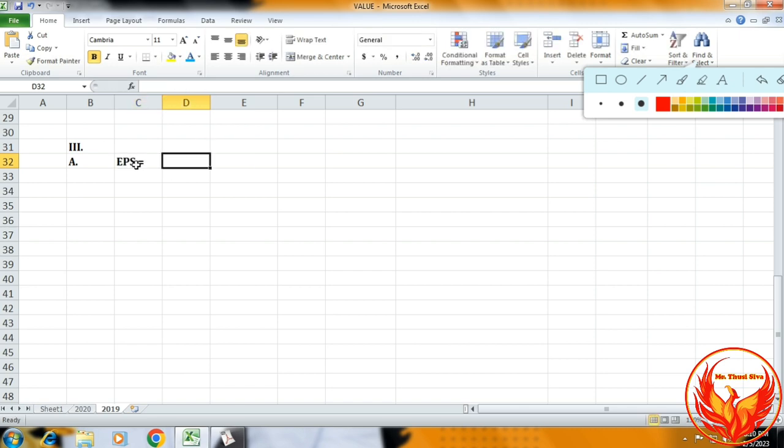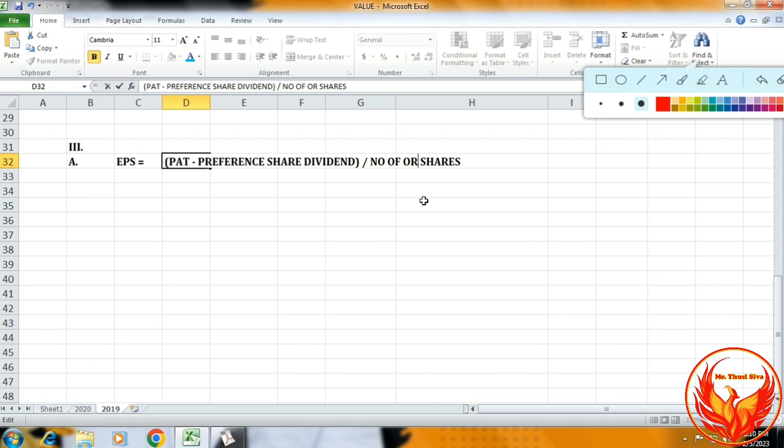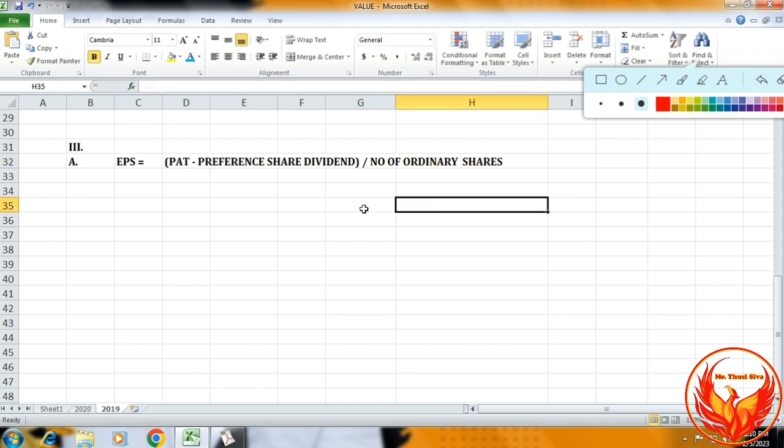EPS equals net profit, or profit after taxation, minus preference share dividend, divided by the number of ordinary shares, or the weighted average of ordinary shares.